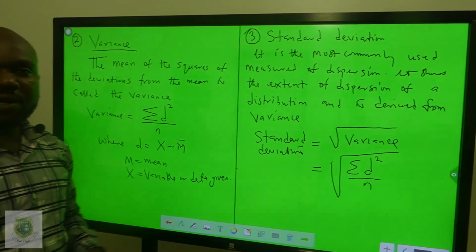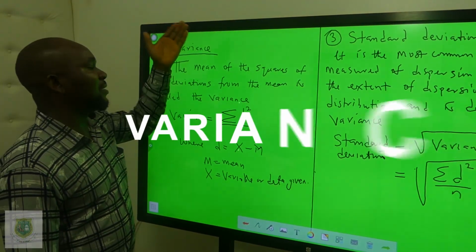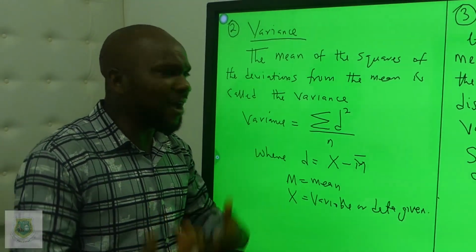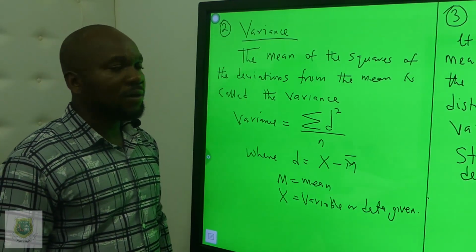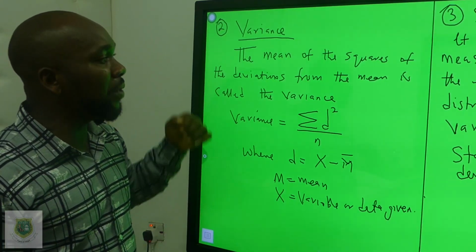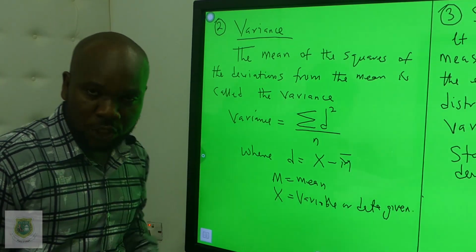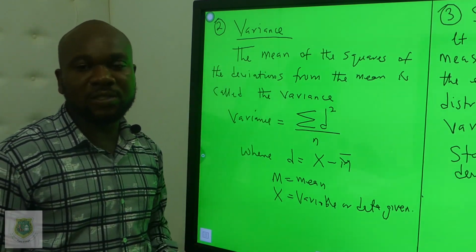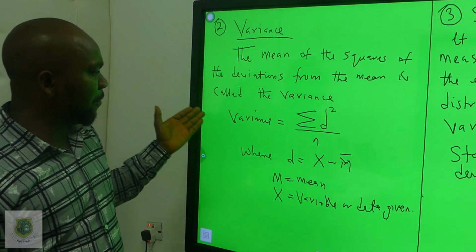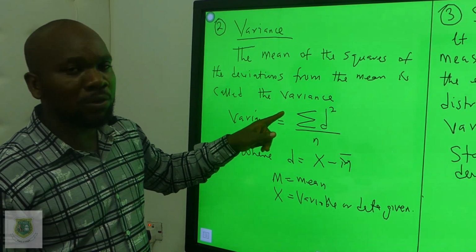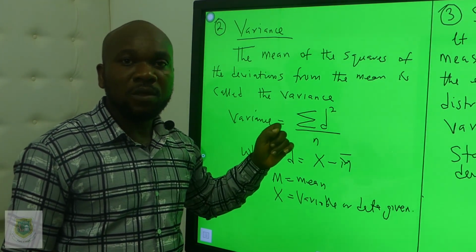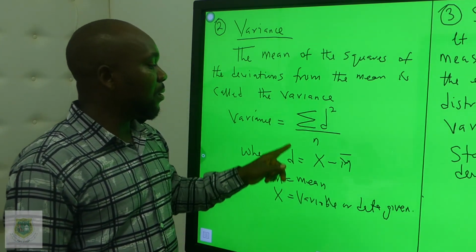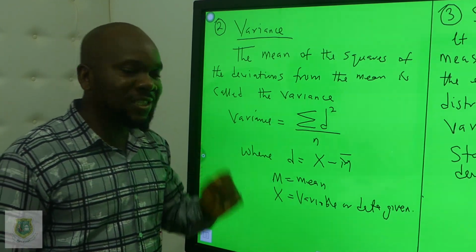Then, the second one is the one we call variance. What is the variance? The variance is the mean of the squares of the deviations from the mean. Mathematically, variance is equal to summation of d square divided by n. Summation in mathematics means addition. What is d?